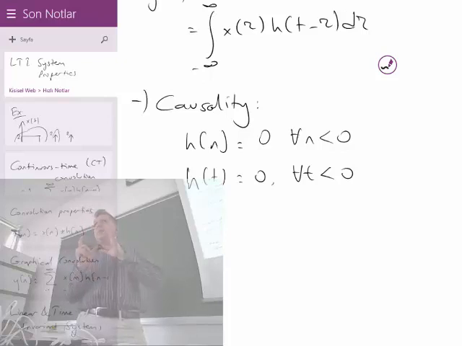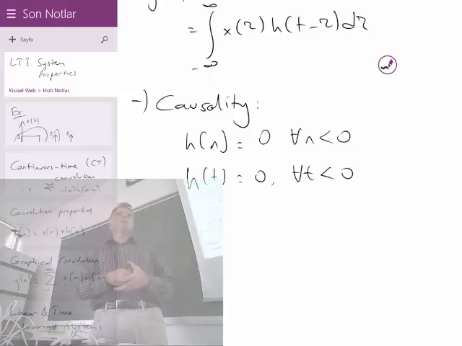So if the impulse response is a rectangular box in the center, for example, starting from -3 going to +2, a box like that, is it causal now? No, it's not, because h(t) is not always 0 for negative times. Since it's the impulse response, the response of the impulse must come after the impulse. The impulse is in the center at 0, so the impulse response must exhibit itself after t is equal to 0.